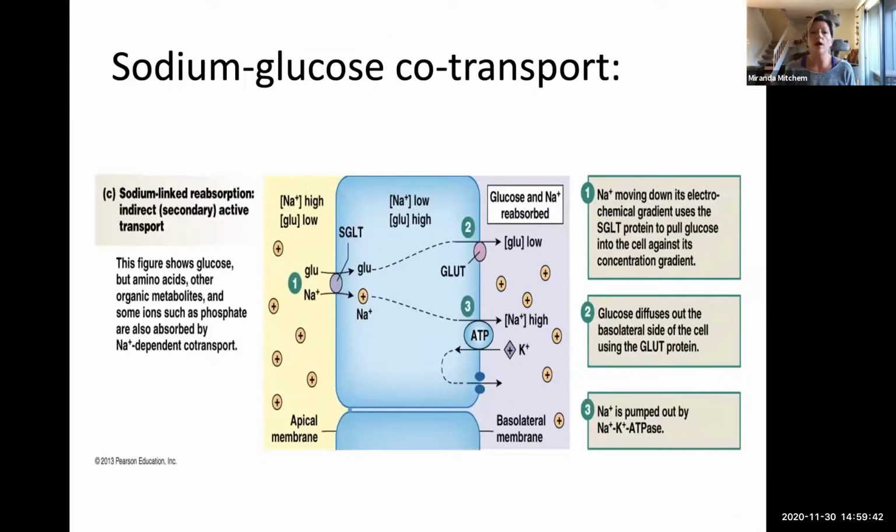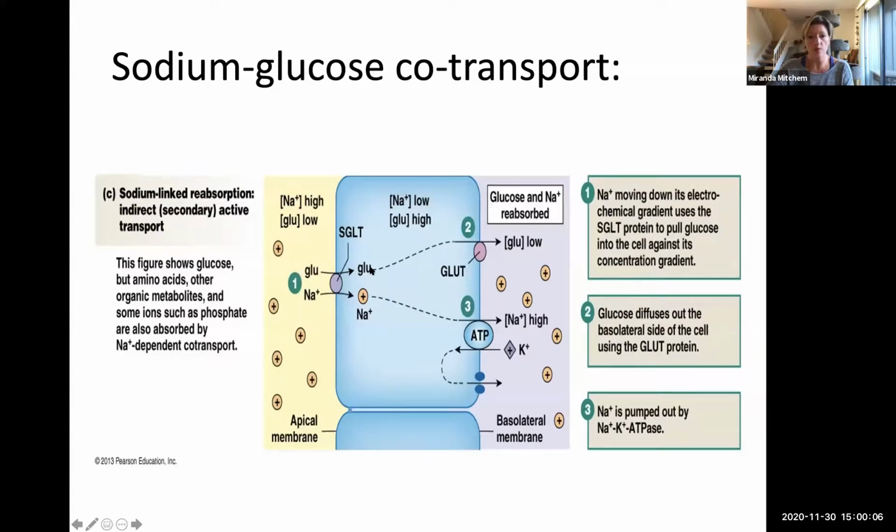All right, we'll look at the sodium glucose cotransport. We've got a similar setup. We've got a high concentration of sodium ion in the filtrate, and we do have some glucose at a lower concentration. The sodium glucose transporter is this here.